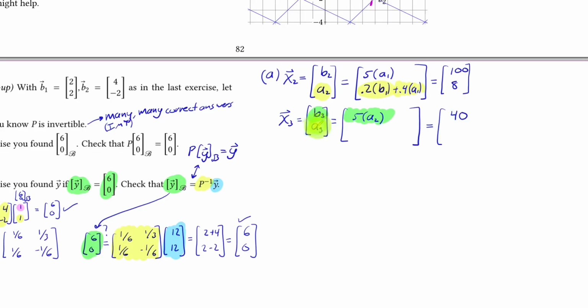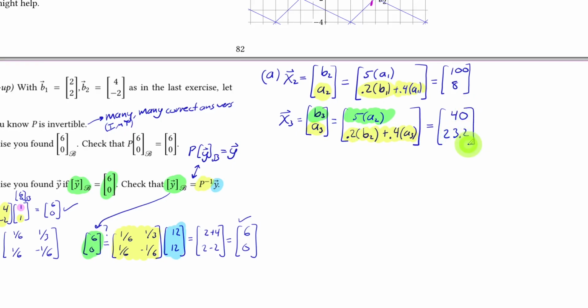And then the number of adults, well, 20% of the babies grow up to be adults. And also 40% of the adults survive one more week. So that gives you 20% of 100, which is 20, plus 40% of 8.